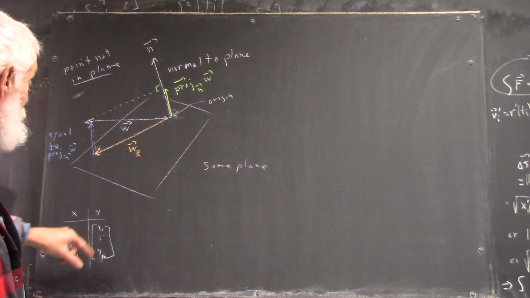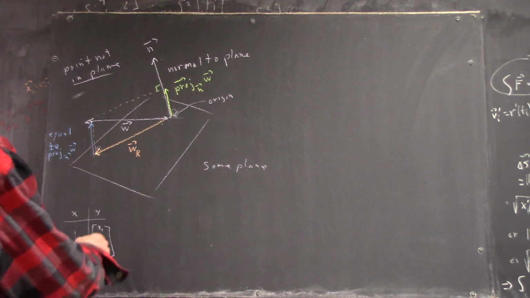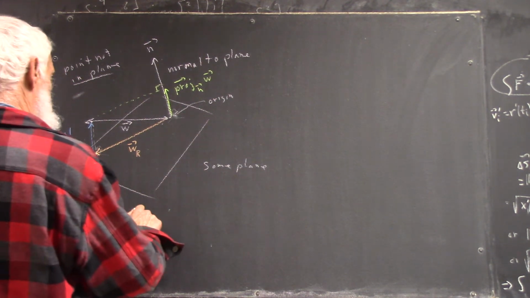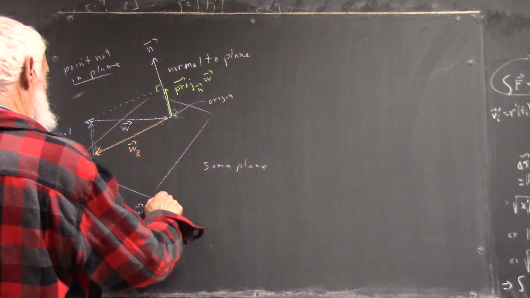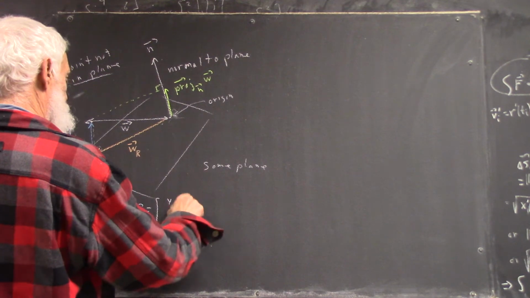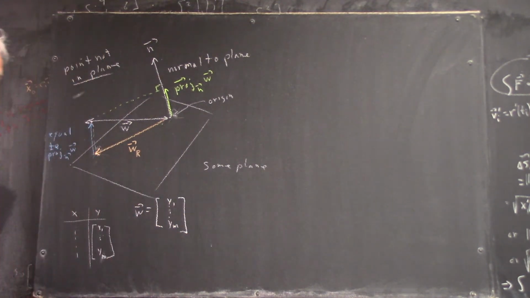Okay? So that this is your Y vector. So your W corresponds to your Y1 through Ym. Okay?